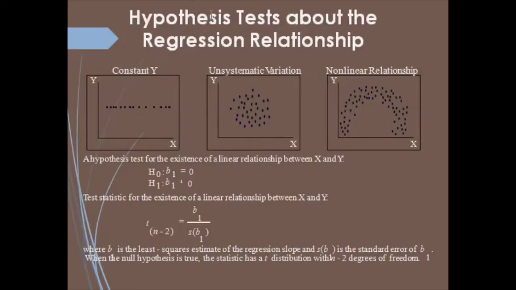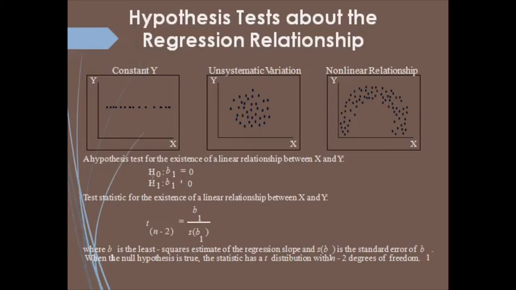Next is the hypothesis test about the regression relationship. This is the illustration: if y is constant, if unsystematic variation, if nonlinear relationship. Hypothesis test for the existence of a linear relationship between x and y: the null hypothesis is B1 equal to 0 and the alternative hypothesis is B1 not equal to 0.